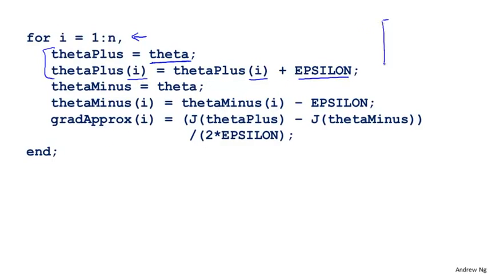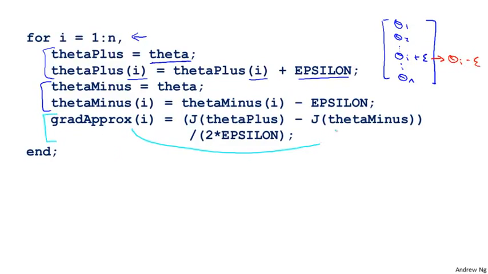So theta plus is equal to theta 1, theta 2, and so on, and then theta i has epsilon added to it, and then I go down to theta n. This is what theta plus is. And similarly, these two lines set theta minus to something similar, except that instead of theta i plus epsilon, this now becomes theta i minus epsilon. And then finally, you implement this, grad approx i, and this will give you your approximation to the partial derivative with respect to theta i of J of theta.